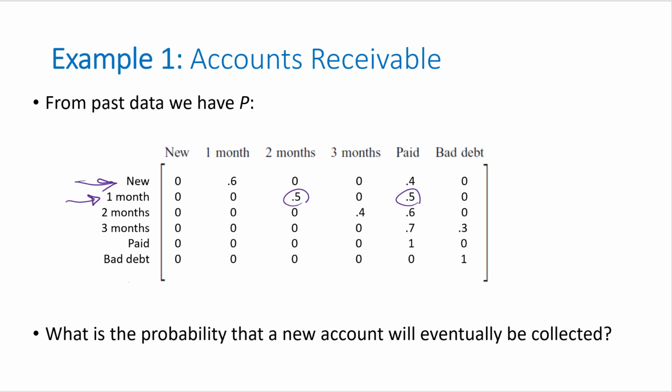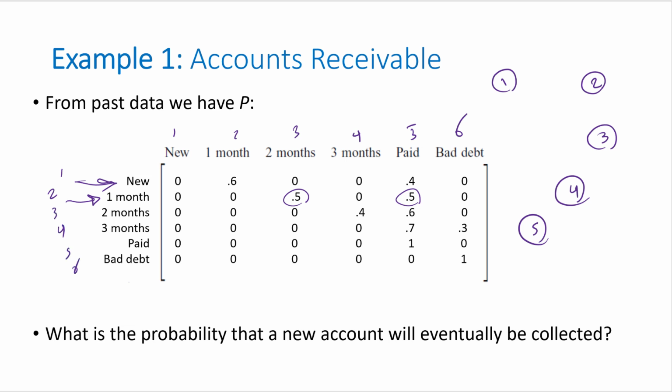But now that we have this transition probability matrix, I can create a graphical representation for it. So this is state 1, 2, 3, 4, 5, 6. Let me change this 6 to 5 and this to 6.